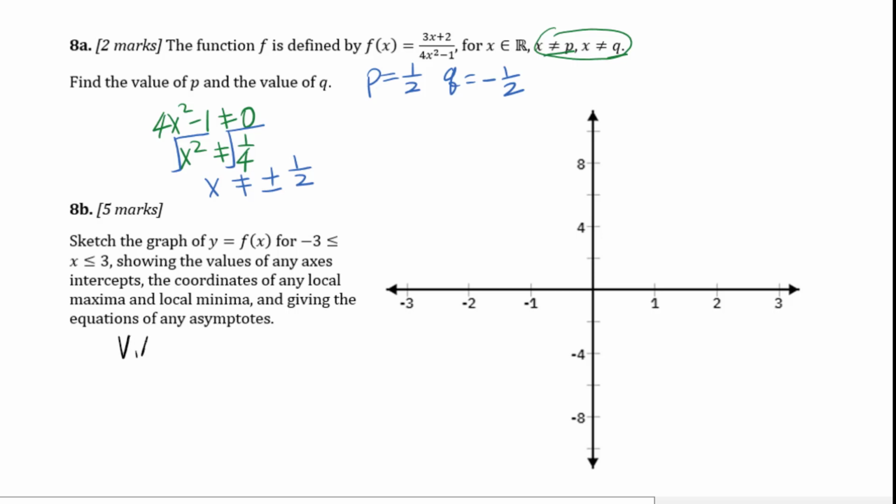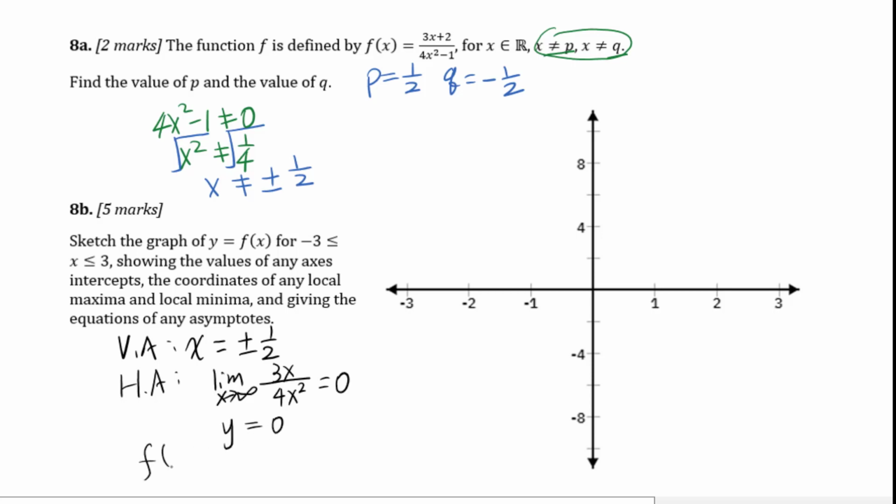We know the vertical asymptote lines are x equals plus or minus 1 over 2. For the horizontal asymptote, we take the limit as x approaches infinity of f of x, that is 3x over 4x squared, equals 0. So y equals 0.